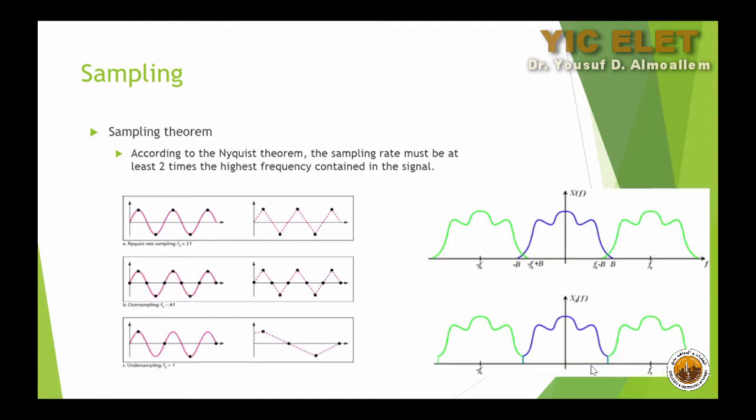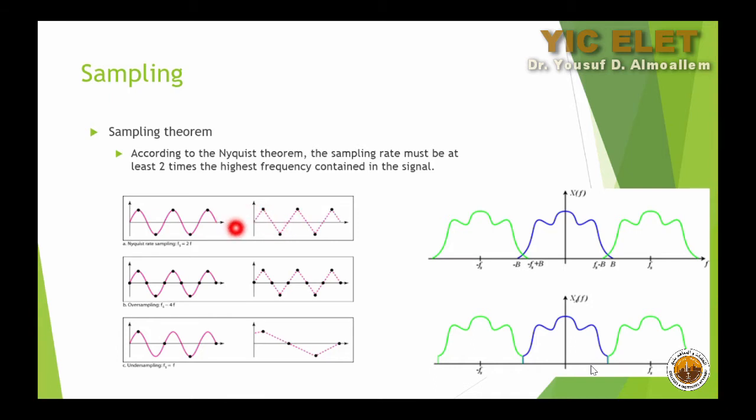Now, let's take some examples. If this is the original signal and we take samples as shown here, and if we connect between them with linear lines, we will get this shape, and if we connect with curved lines, we will get a shape similar to the original signal.